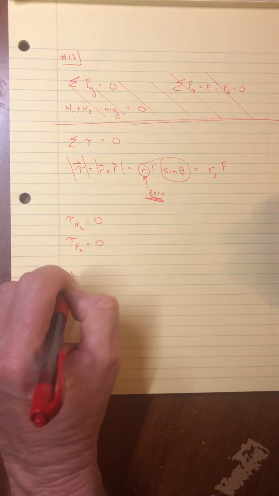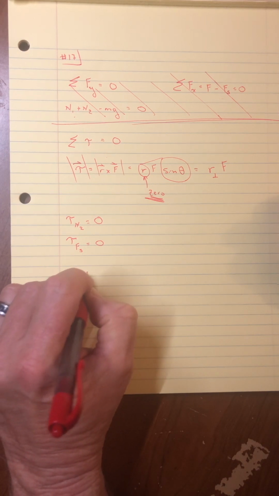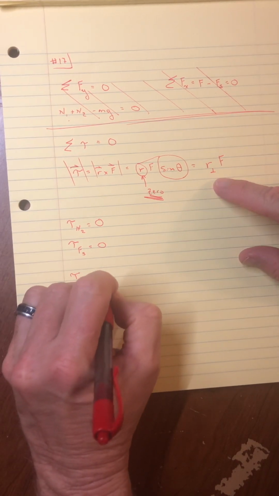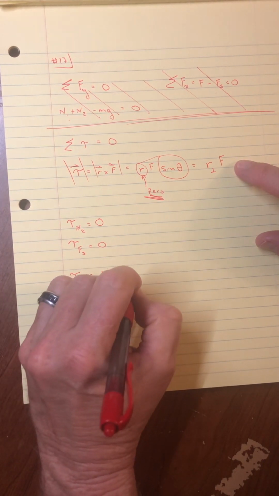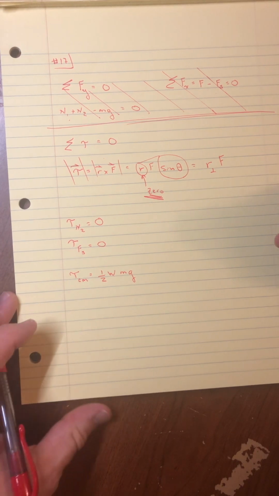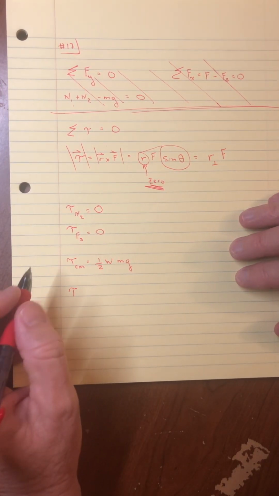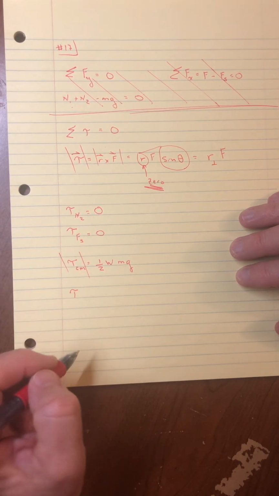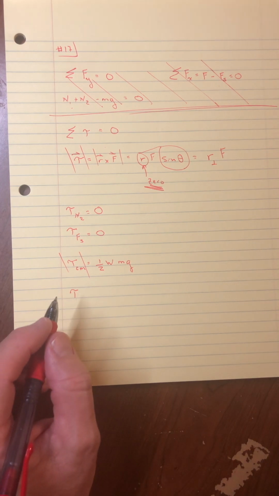So I would say then the torque from the center of mass would be 1/2 the width times mg, using that one. Okay, the torque, and maybe I should call it the magnitude of the torque. Let me not distinguish between positive and negative quite yet.